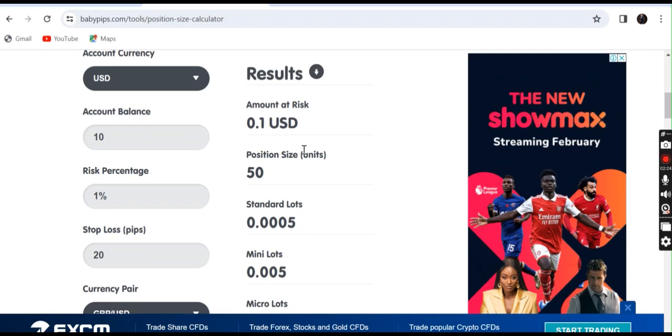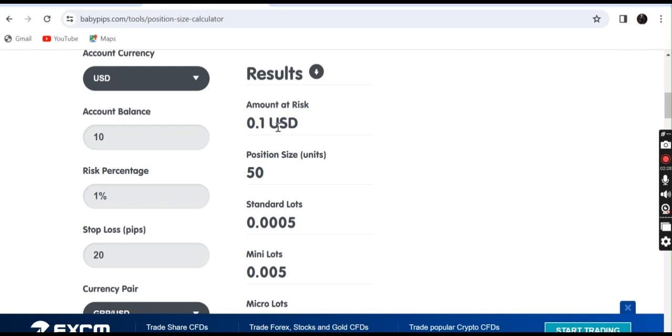So this tells you that the only way you can manage your loss for a small account like this is taking this particular kind of standard lot.